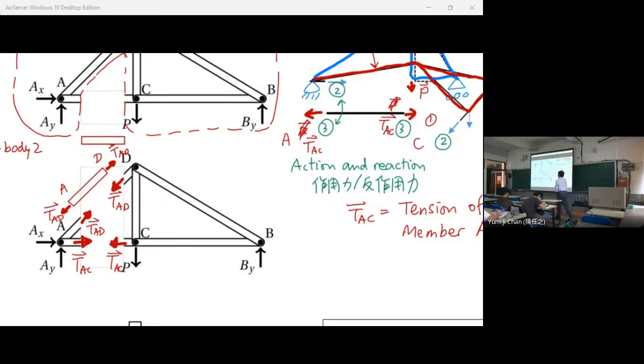So we remove this rod and we want to keep the same shape. So we say this has tension, so action and reaction. So we have these two forces here.